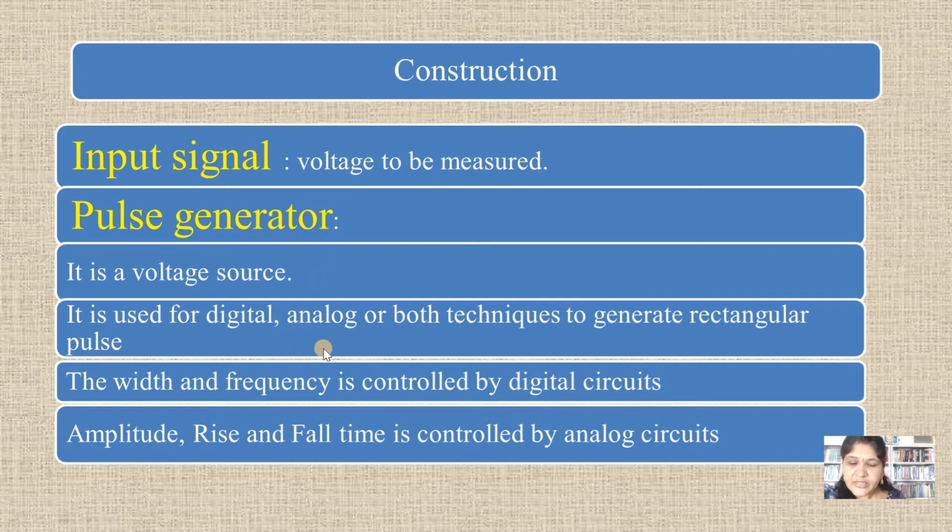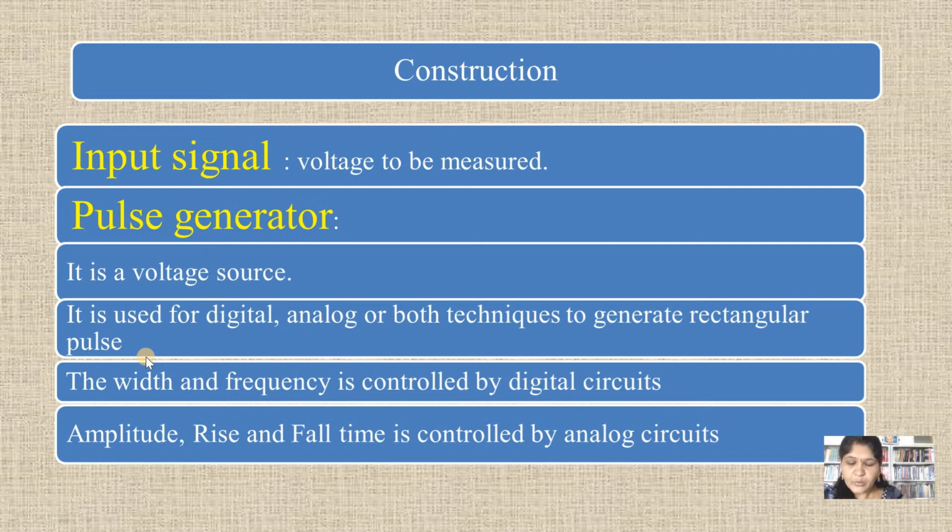The digital techniques are going to control the width and frequency of the rectangular pulse. The amplitude, rise time, and fall time are going to be controlled by the analog circuits. Okay, this is how the rectangular pulse is generated by the pulse generator, and this rectangular pulse will be given to one of the inputs of the AND gate.